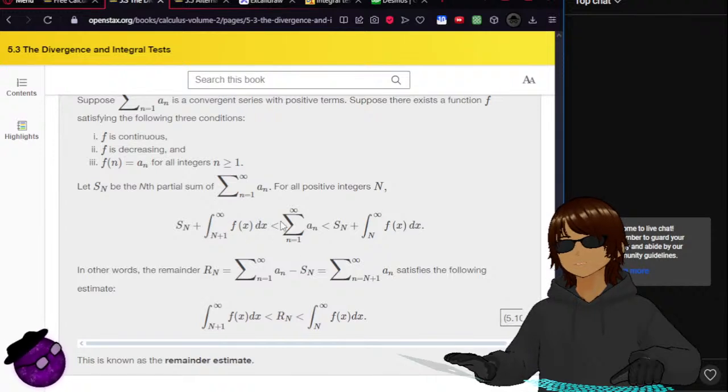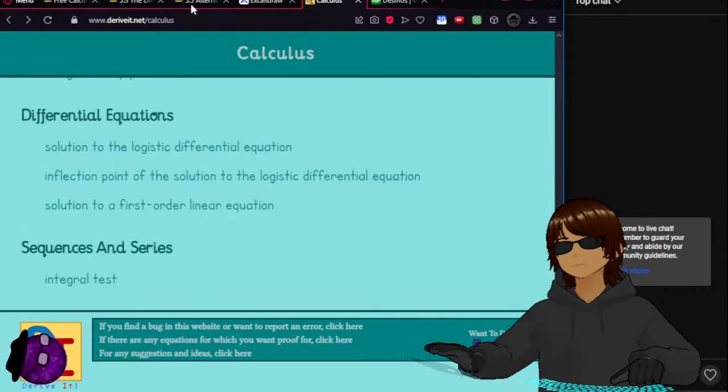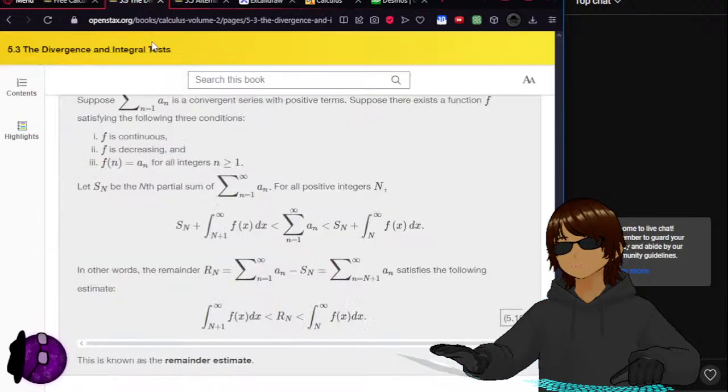If from here we subtract Sn from both sides, so the sum minus the partial sum is the remaining sum. I get that. Did I write it here? No, I did not.